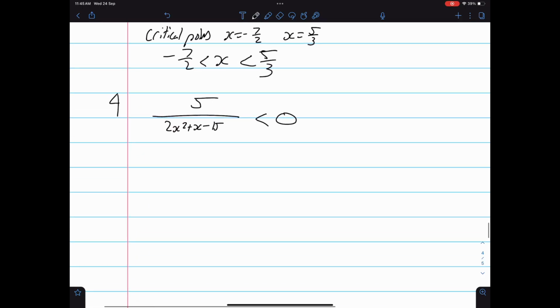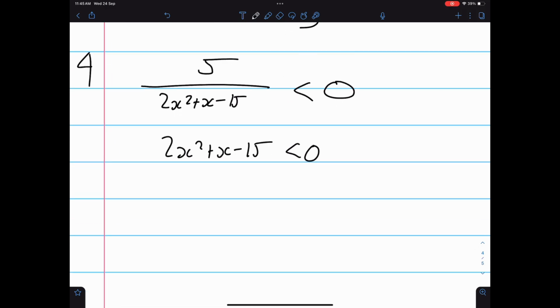Now we need to see what we can do here. We're essentially figuring out where 2x squared plus x minus 15 is less than 0, because if you divide 5 by a negative number, it'll be negative.